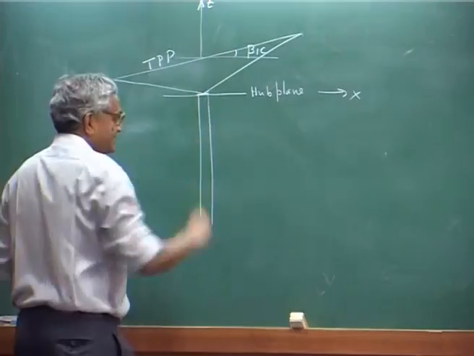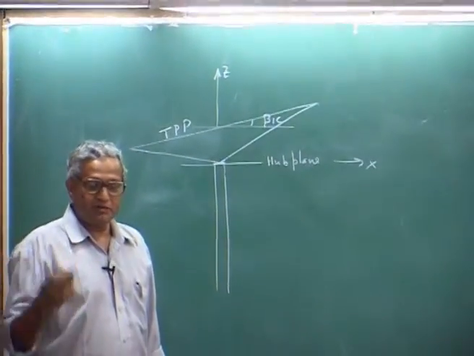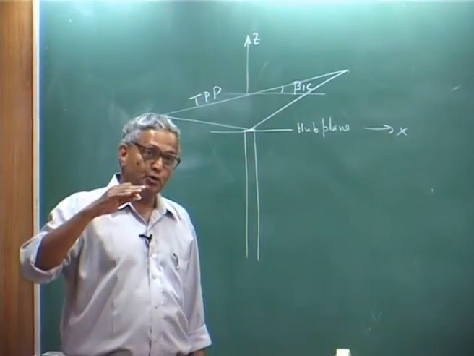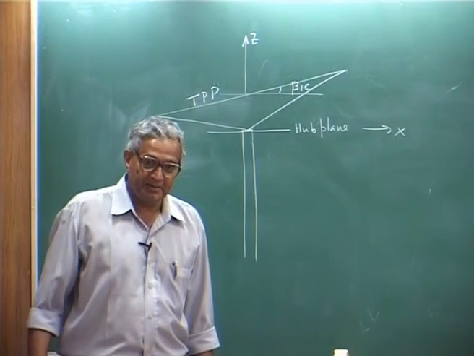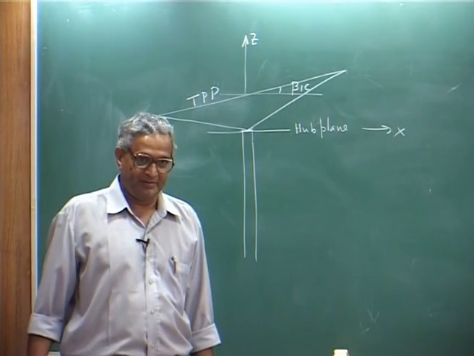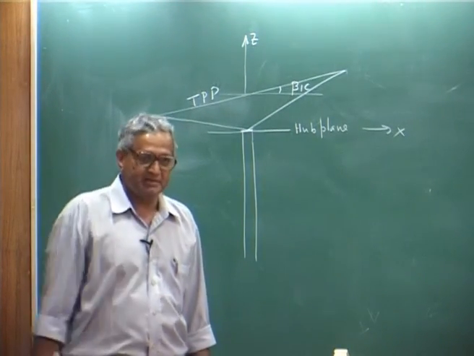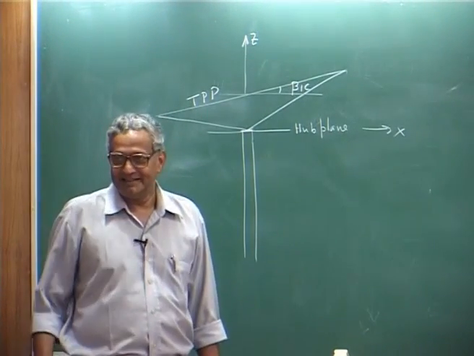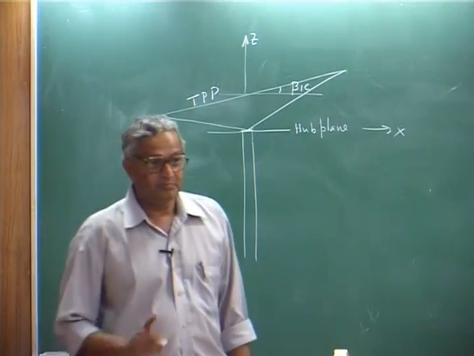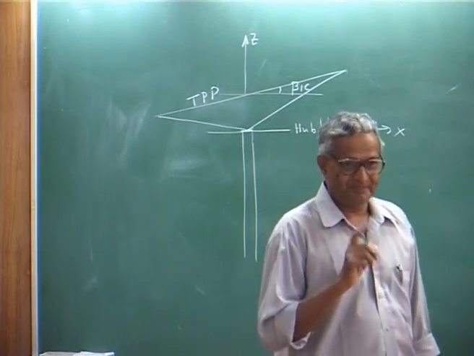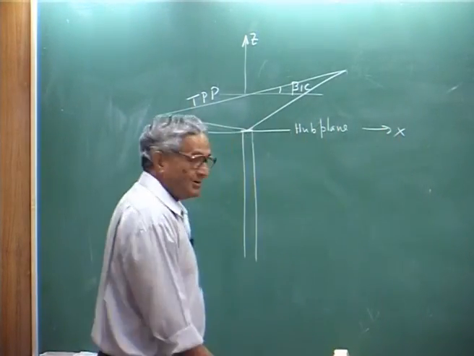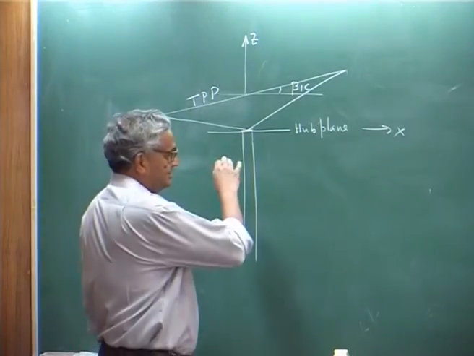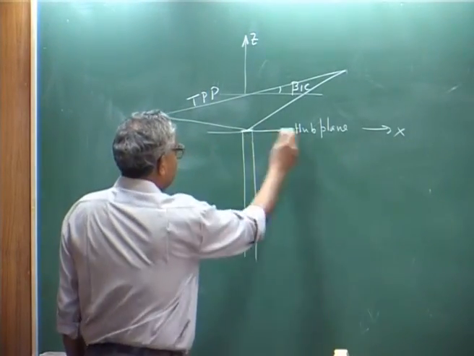Tip path plane is this, but we also defined the no feathering plane. No feathering plane is a plane in which there is no change in the pitch angle. Okay. If that is theta 1s, now look at it, because the plane is like this.